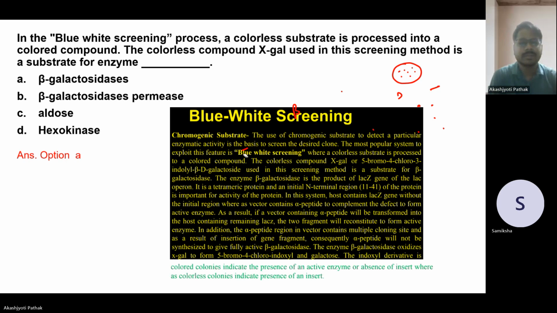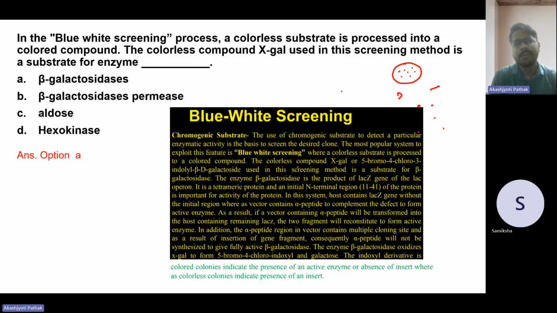The use of a chromogenic substrate to detect a particular enzymatic activity is the basis to screen the desired clone. The most popular system to exploit this feature is blue-white screening. In blue-white screening, a colorless substrate is processed to a colored compound.